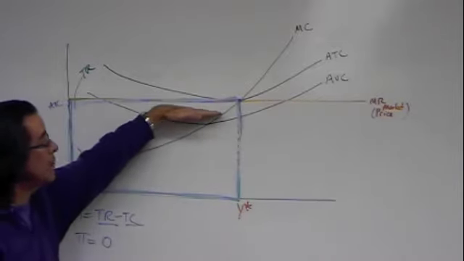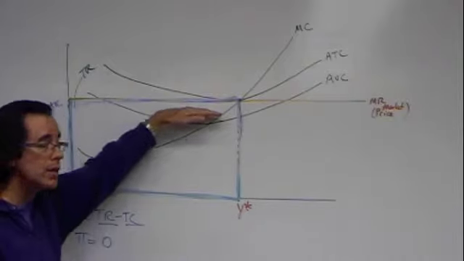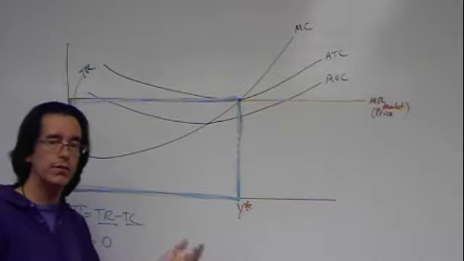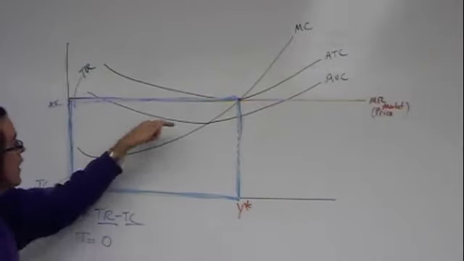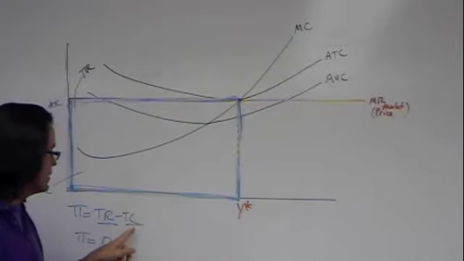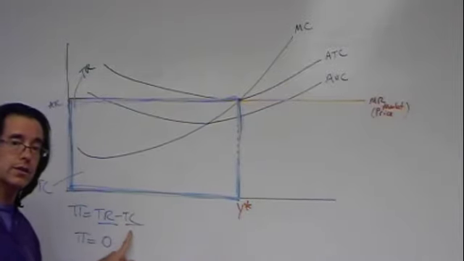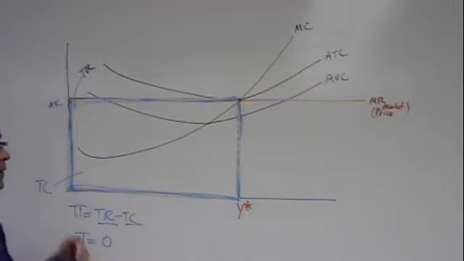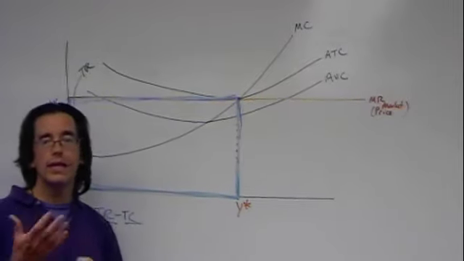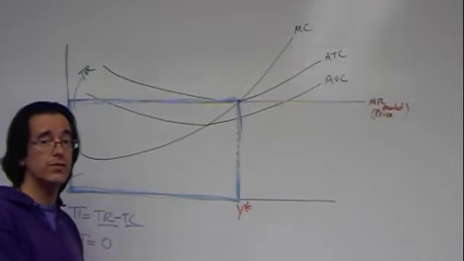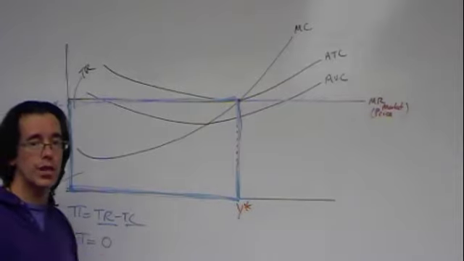So if the price came below this break-even price, and I want you to see how this was done on your own, you would find that profits are negative, which must mean that the total cost box is greater than the total revenue box. So again, the break-even price is what separates positive profits from negative profits. And in the next video, we're going to look at the shutdown price.